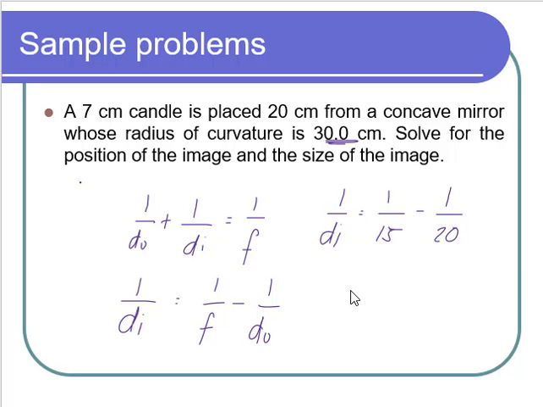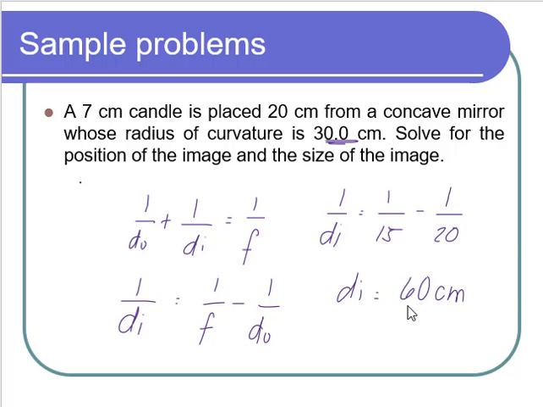Okay, you can now get an answer of di is equivalent to 60 centimeters. Again, if you're going to use all the decimals found in your calculator, 1 divided by 15 minus 1 divided by 20, then you get the reciprocal of that. So that is 0.0167 and so on.